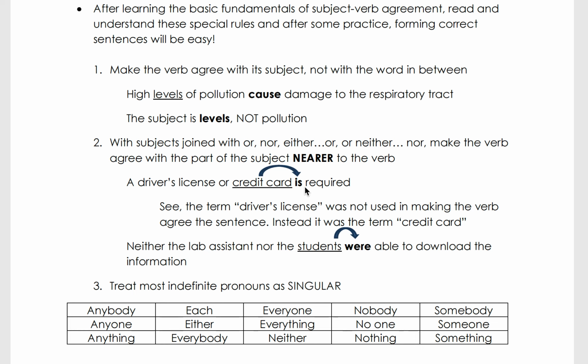Why is the answer here? When you have or, you need to look at the subject that is close to the verb. Because card is singular, you have to use is. But if card has an s, cards, plural, then you need to have are.